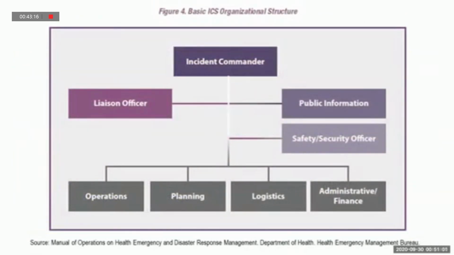So this would be a very good organogram of your basic incident command system structure. You have your incident commander as the one leading your response, and under him or her, you have your liaison officer, your PIO, your safety security officer, and even below that, you have your operations, planning, logistics, and your administrative or finance.